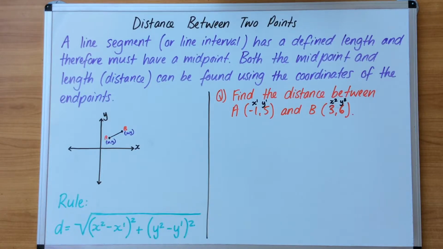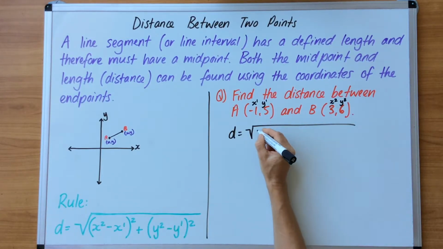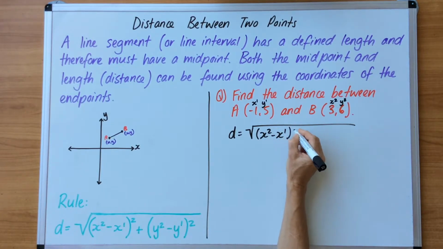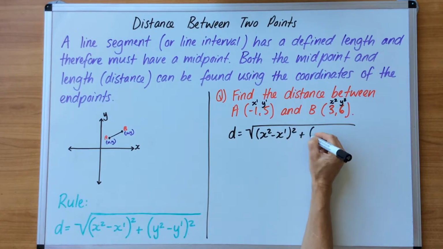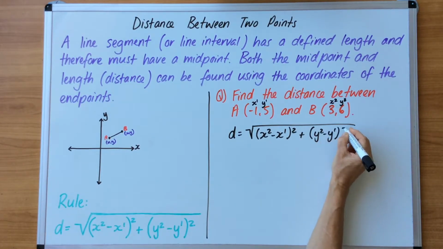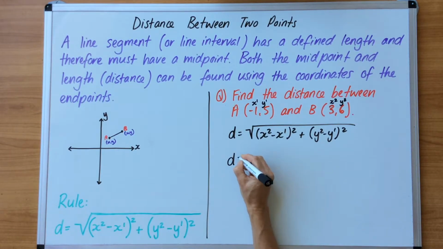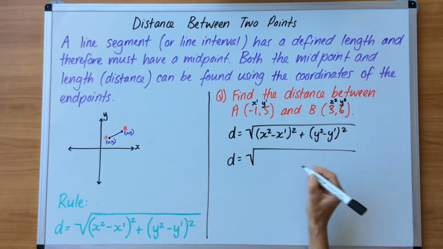Now we have to write the rule. So distance equals the square root of bracket x2 minus x1 bracket squared plus bracket y2 minus y1 bracket squared. Our second line is substitution, so we have to recreate this whole thing again.